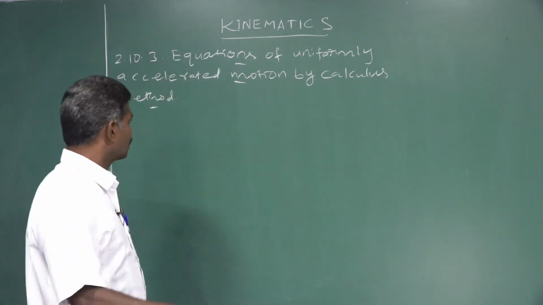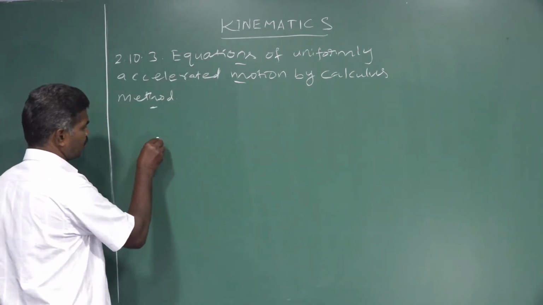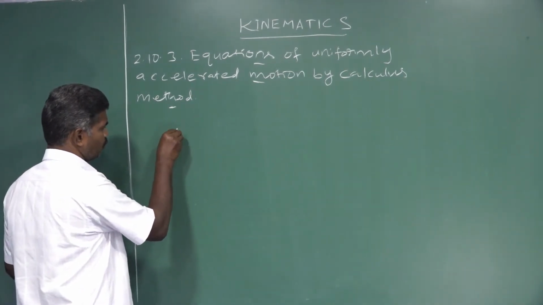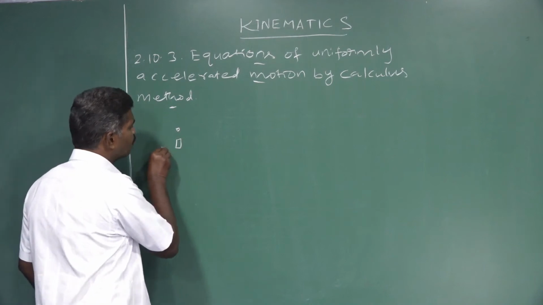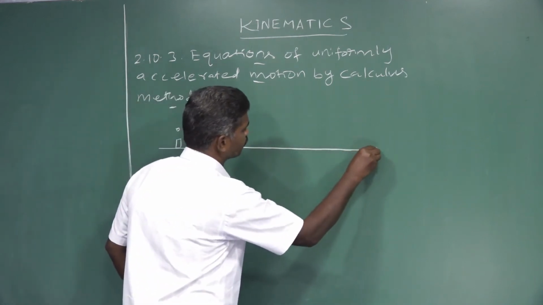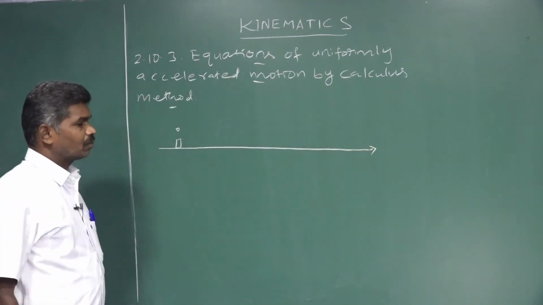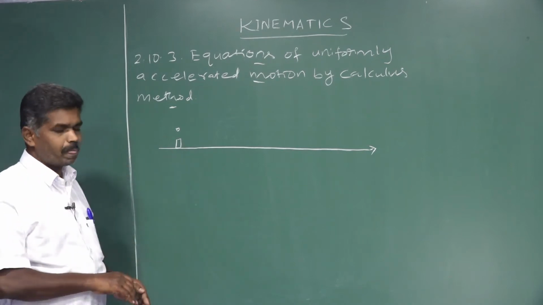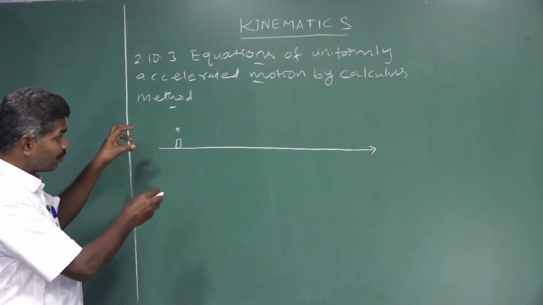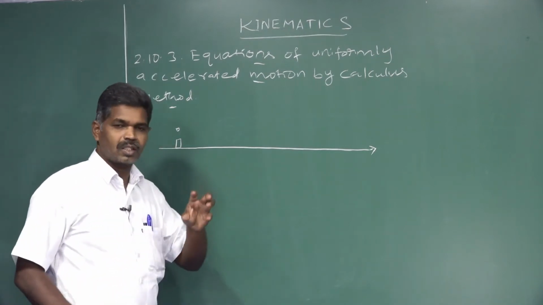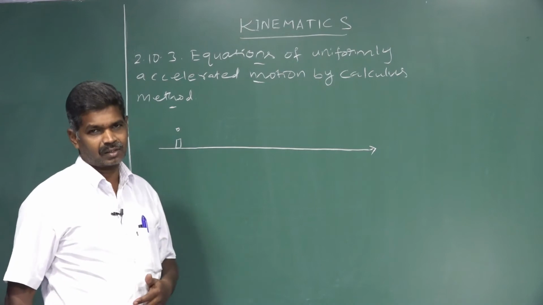Suppose one object starts to move. We may mention that it moves in a straight line, but we are going to see uniformly accelerated motion. That's why we made the object move with a uniform acceleration.